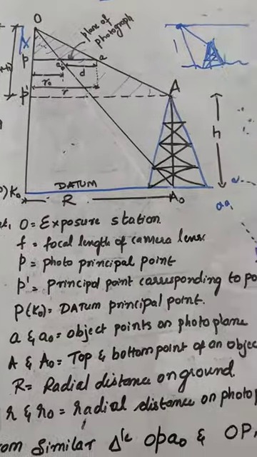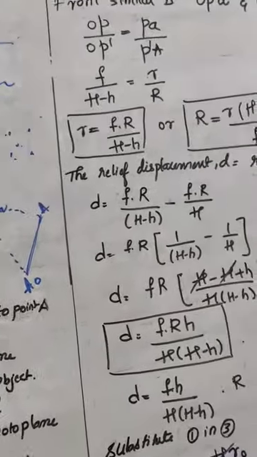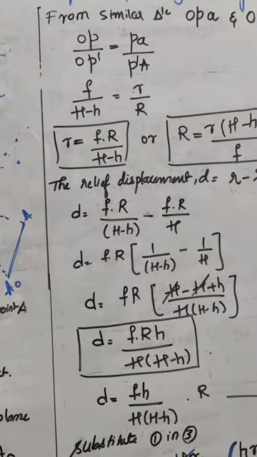It is H minus h. That is what we substituted here: OP as F and OP dash as H minus h.